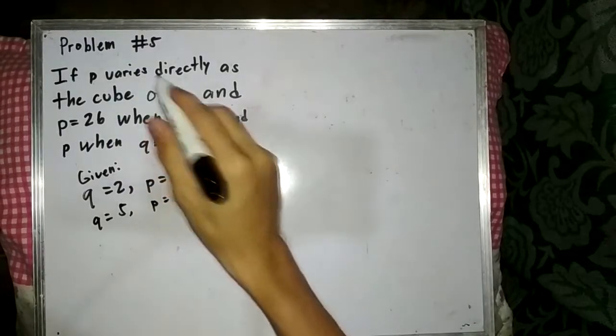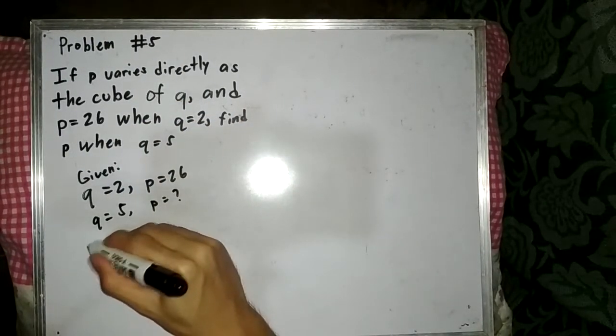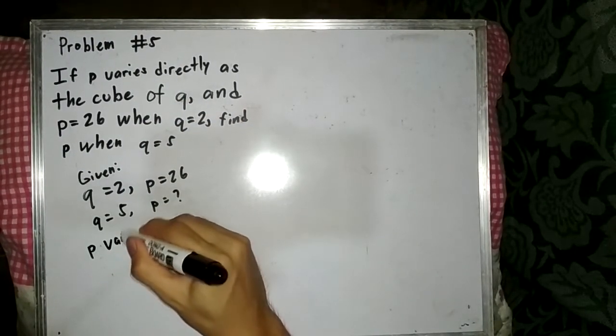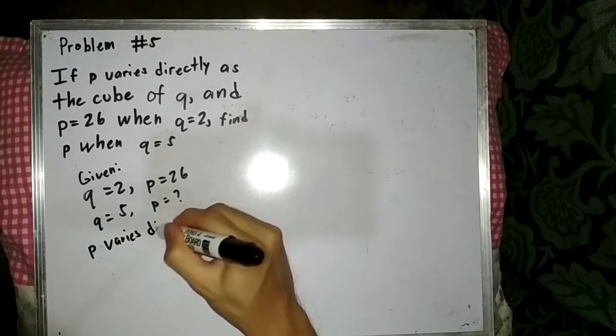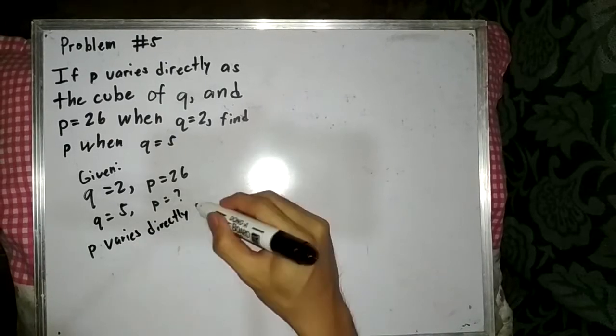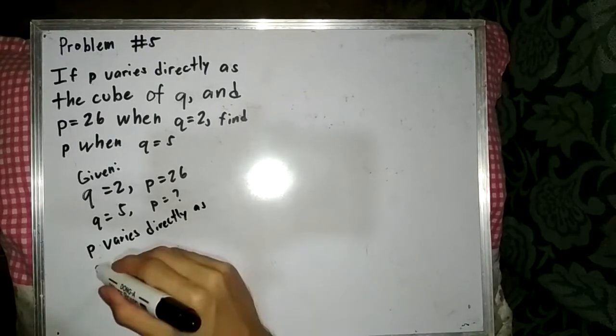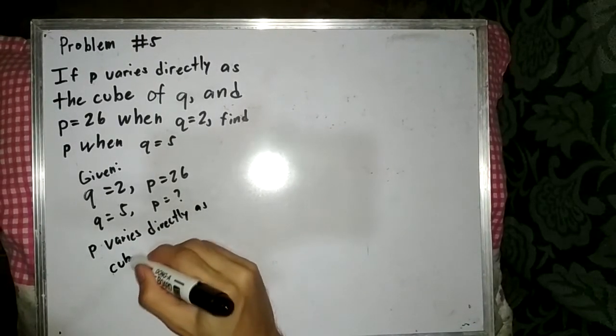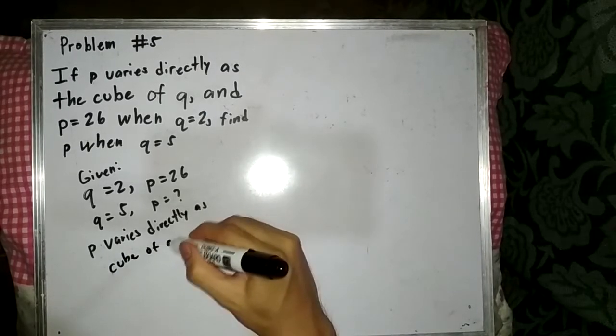But then there is a hint: p varies directly as the cube of q.